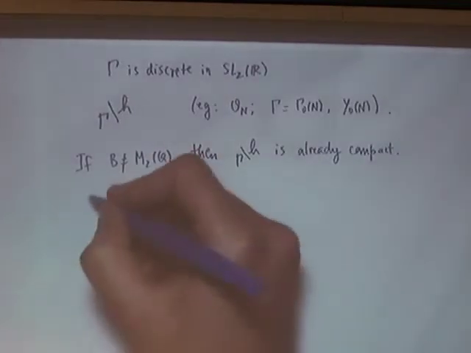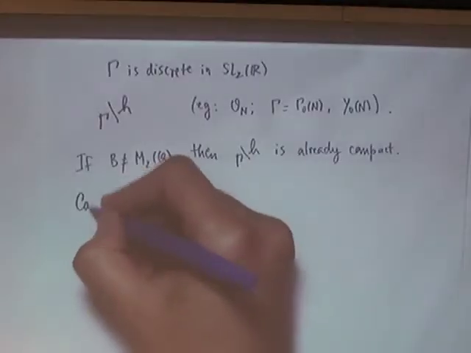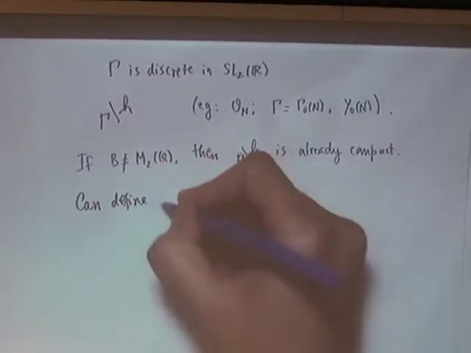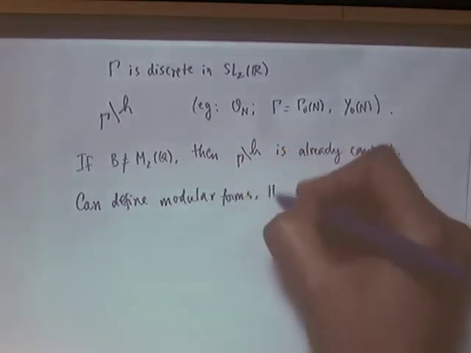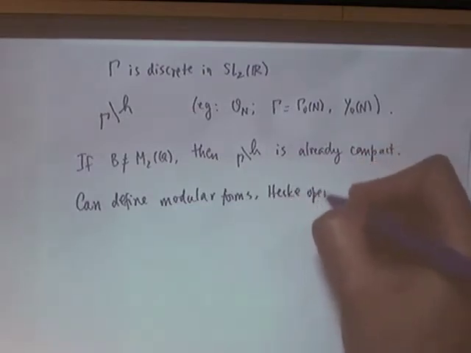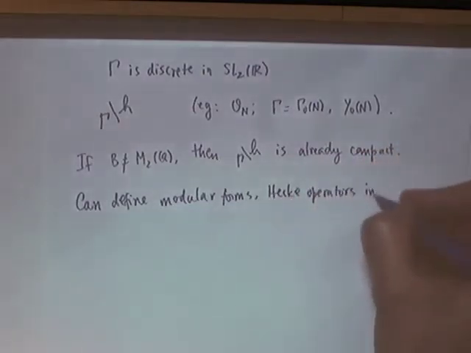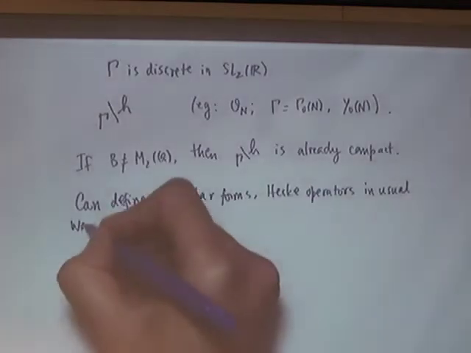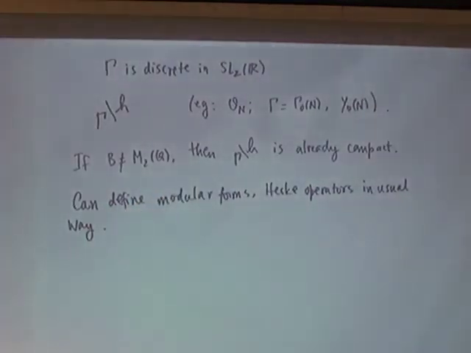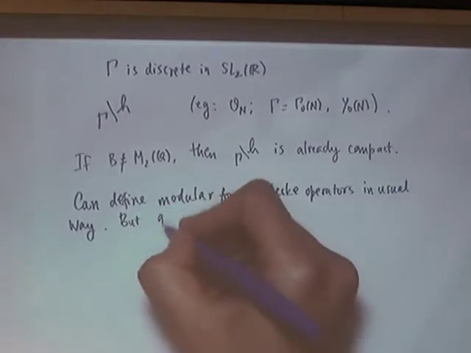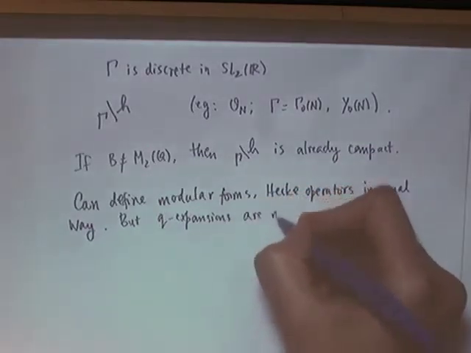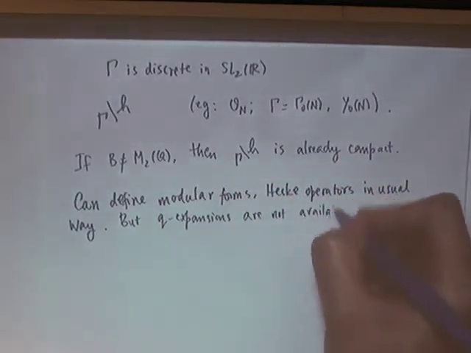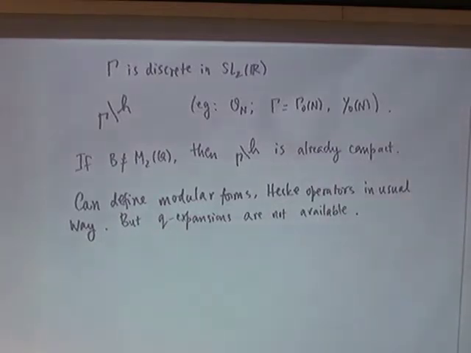You can define modular forms in the usual way, Hecke operators, all this stuff can be done, but Q-expansions aren't available.